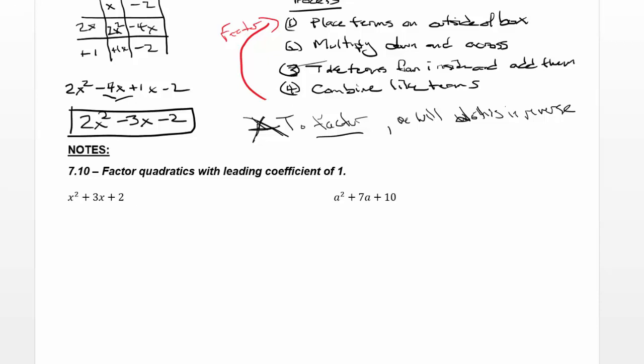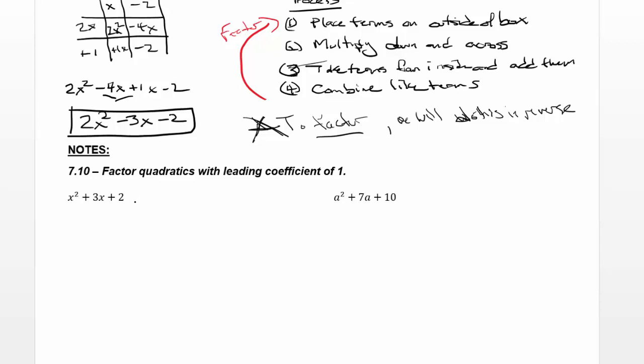The first thing we need to do is undo this combining like terms. We need to figure out how we take this plus 3x and turn it into the two terms that were combined together to make it. And this is exactly those challenge problems that you hopefully worked on in previous lessons.